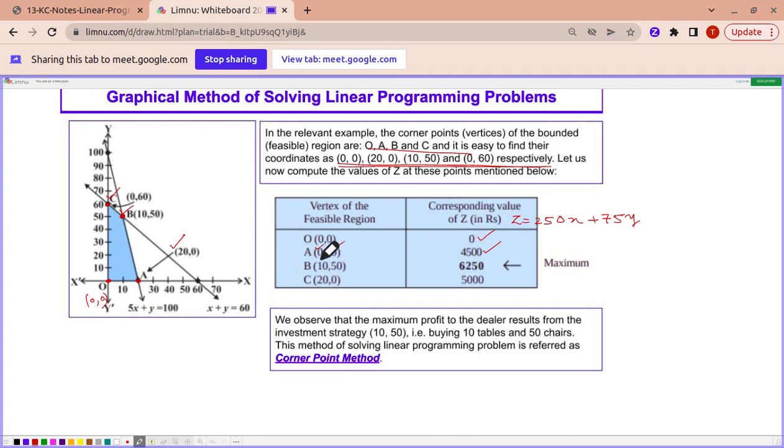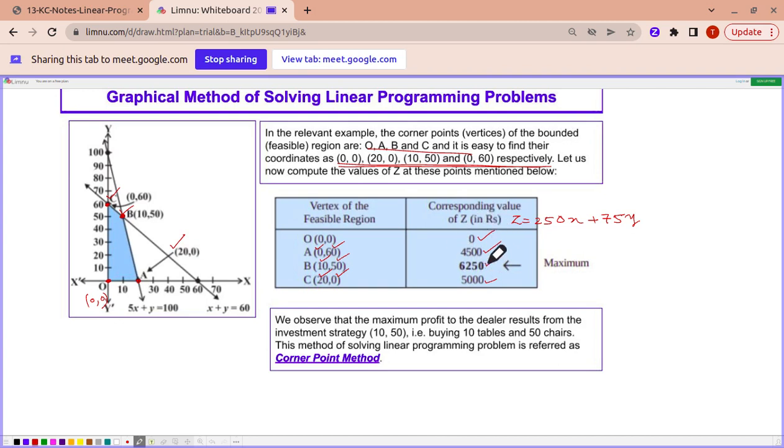When x is equal to 10 and y is equal to 50, the value of Z, that is 250x plus 75y, becomes 250 into 10 plus 75 into 50, which becomes 6250. And when x is equal to 20 and y is equal to 0, we get the value of Z as 250 into 20 plus 75 into 0, that is 5000.